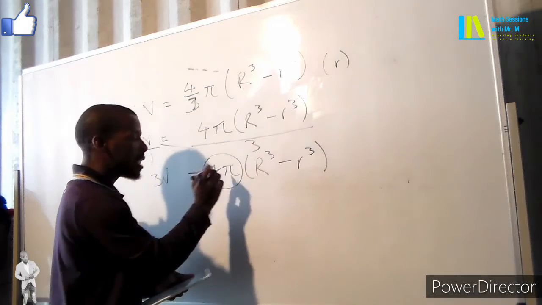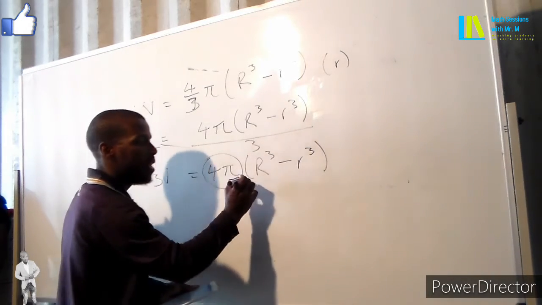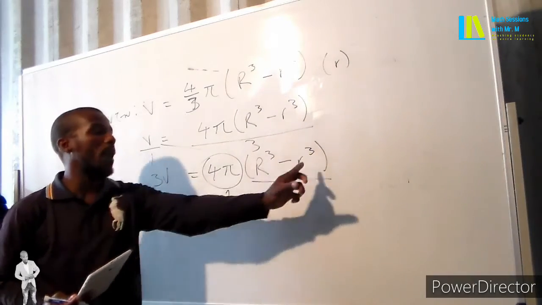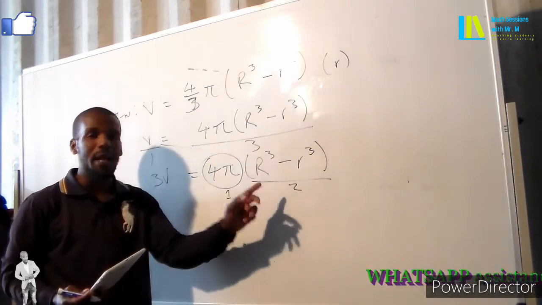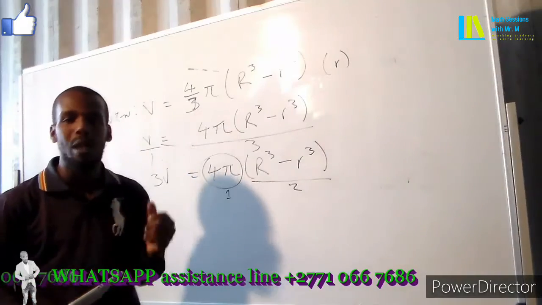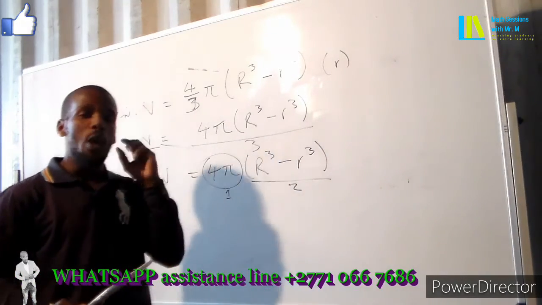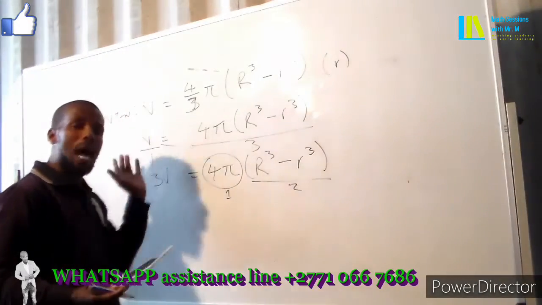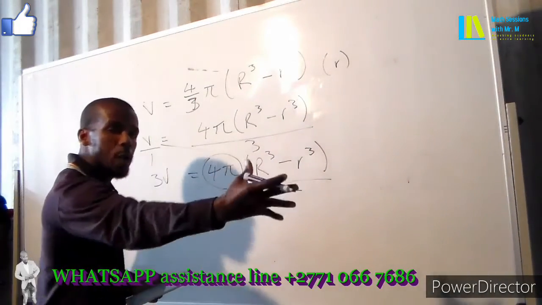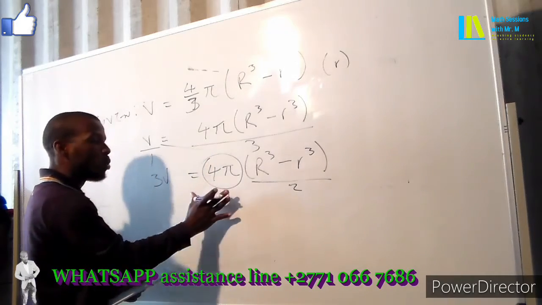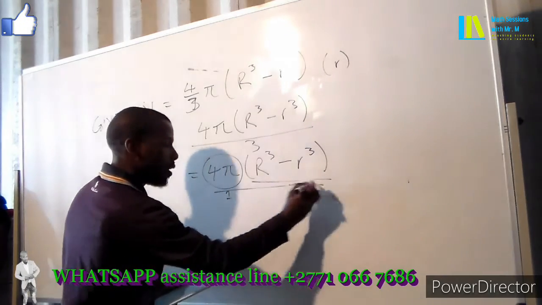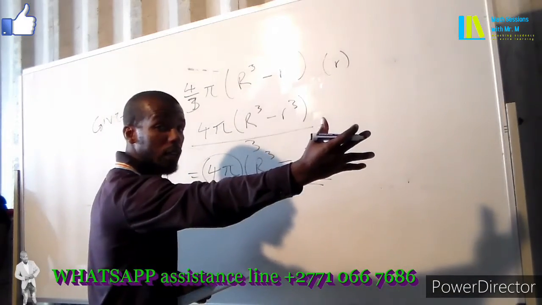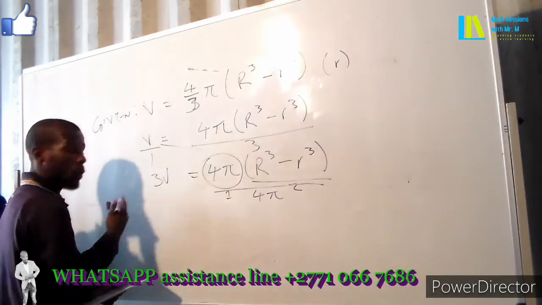On this step, we have two terms. This is one term alone, and this is another term, and the two terms multiply each other because there's a bracket. So we are thinking of multiplication when we see a bracket. When we want to take a term to the other side of the equal sign, we divide by it. So we are going to divide by 4 pi, and what we do on the right hand side we also do on the left hand side.